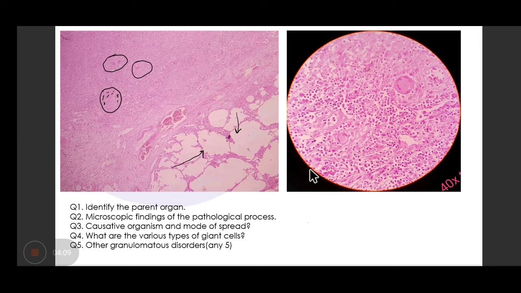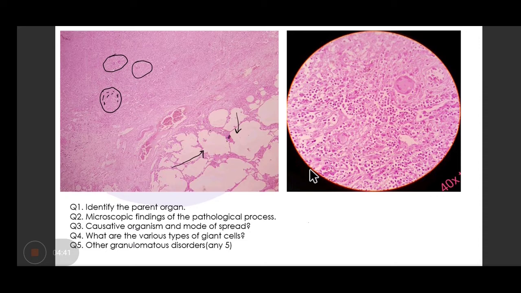Pathological giant cells will be foreign body, tumor giant cells, Touton type of giant cells. No, you won't say Reed-Sternberg cells. Then physiological giant cells will be your osteoclasts, megakaryocytes, and syncytiotrophoblasts. Syncytiotrophoblasts are seen in the placenta.